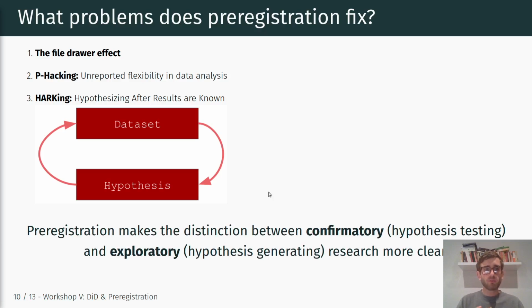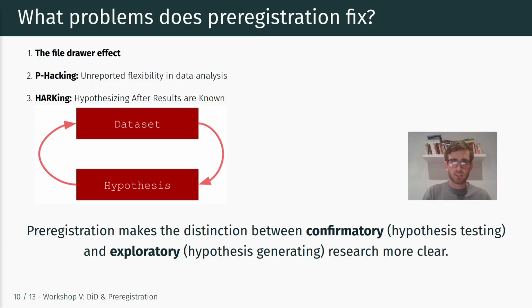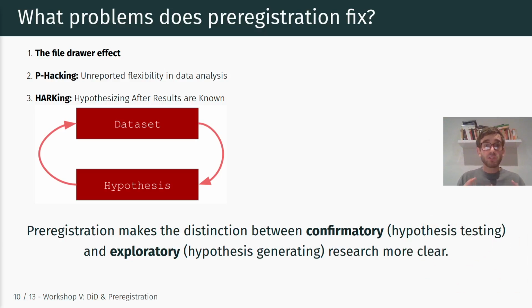So ultimately, pre-registration makes the distinction between confirmatory hypothesis-testing research and exploratory or hypothesis-generating research explicit and more clear. And this is not to say that research is only confirmatory.